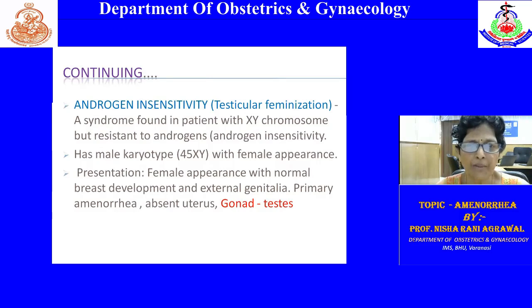Presentation is female appearance with normal breast development and external genitalia, primary amenorrhea, absent uterus, and gonads are testis. Therefore, these gonads have to be removed later on. Otherwise, there is a risk of malignancy.